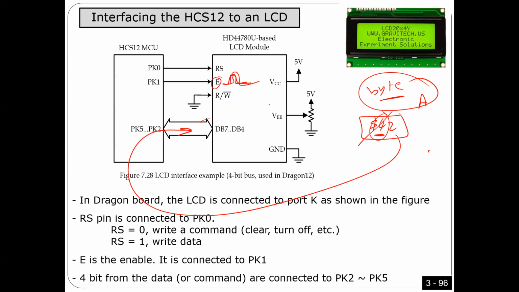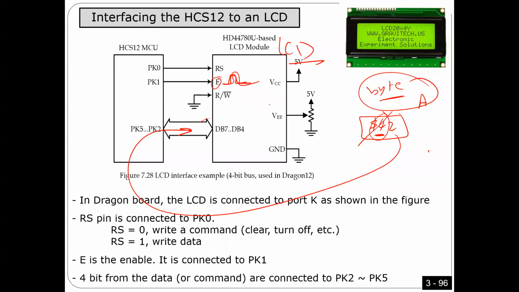Again, if you are writing data or command, in both cases you have to send the byte. However, we have 4 wires here, so we're going to send 4 and 4. So I'm going to do it twice. Okay, again, guys, what I'm teaching here is how our LCD works, how you can use this LCD, how it is connected.